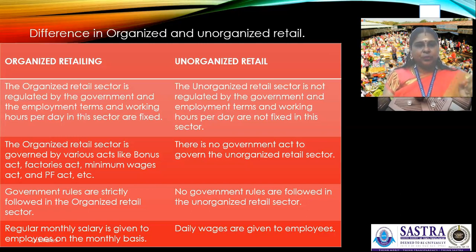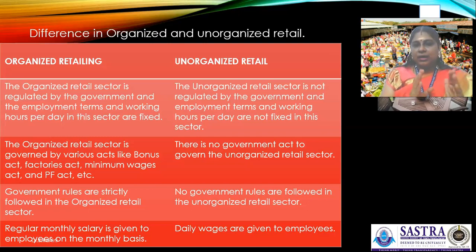Coming back to the third point, government rules are strictly followed in the organized sector. Like in a mall, you should have fire extinguishers and safety measures. You should also have proper ventilation, the restrooms, the children keeping areas, all those things.